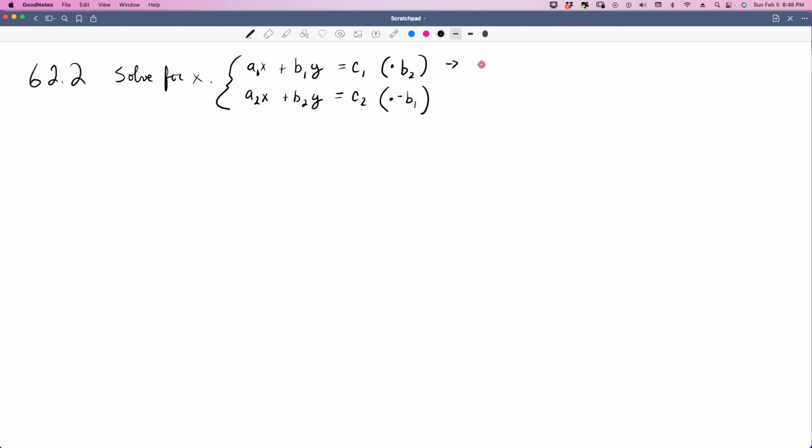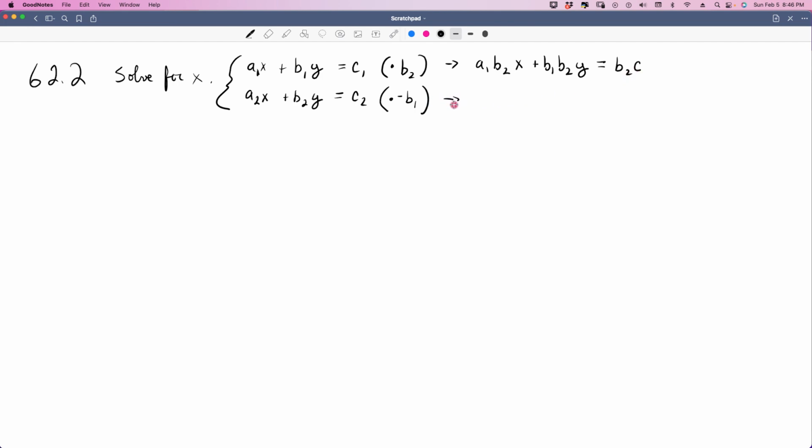a sub 1 b sub 2 x plus b sub 1 b sub 2 y equal to b sub 2 c sub 1.